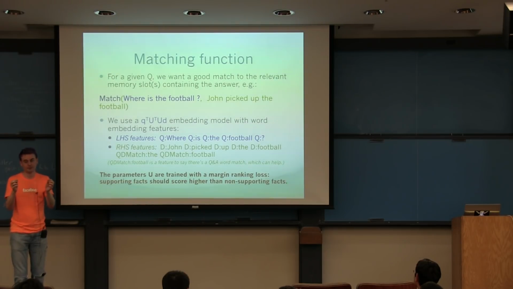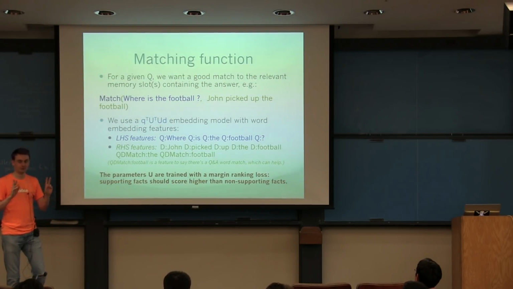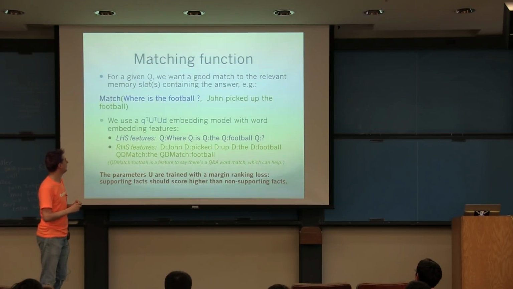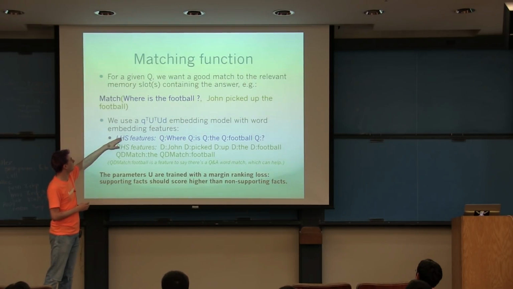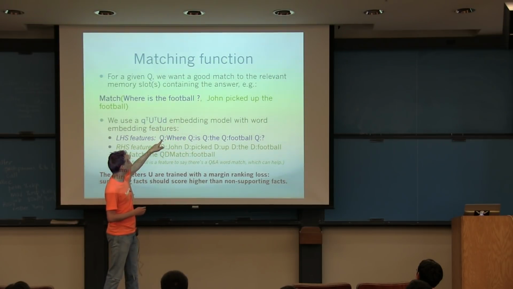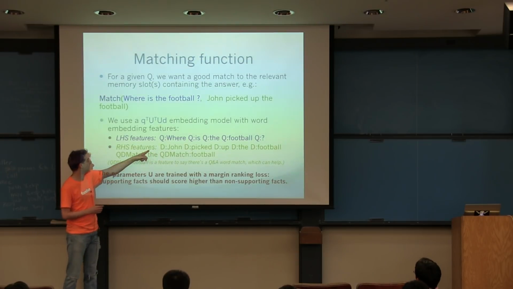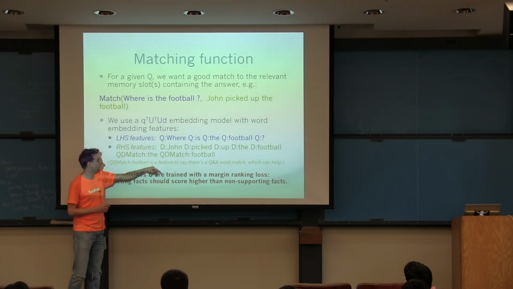So we're going to have a 50-dimensional word embedding for every one of our 3,000 symbols. So this is the model, and to featurize that matching function, we're just going to turn the left-hand side into all the words, but put the Q colon in front to say they're from the question, and for the right-hand side, all these D colon.